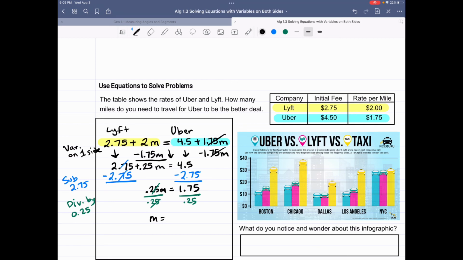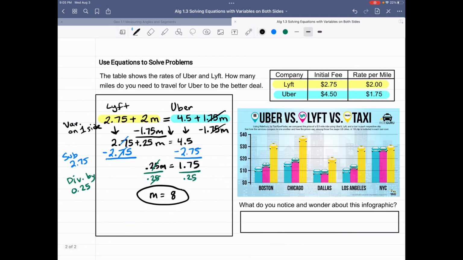Well, in a dollar there are 4, and in 75 cents there are 3. So there are 7 quarters in $1.75. What does this mean? What does m equals 7 mean? That m was talking about miles, because remember it was rate per mile up here. So it's 7 miles. After that, Uber will be cheaper.